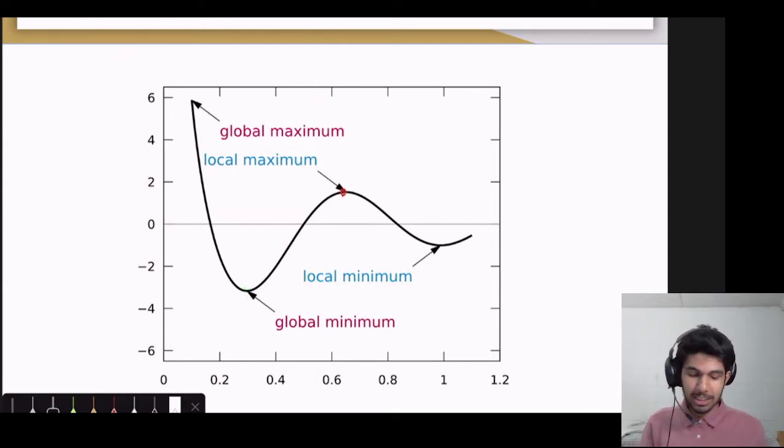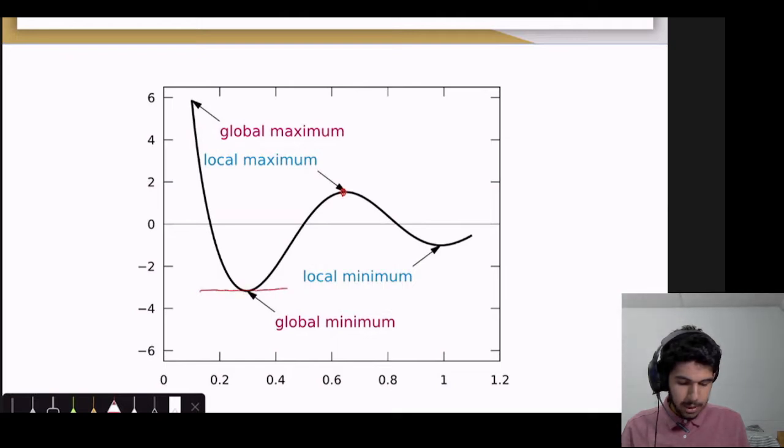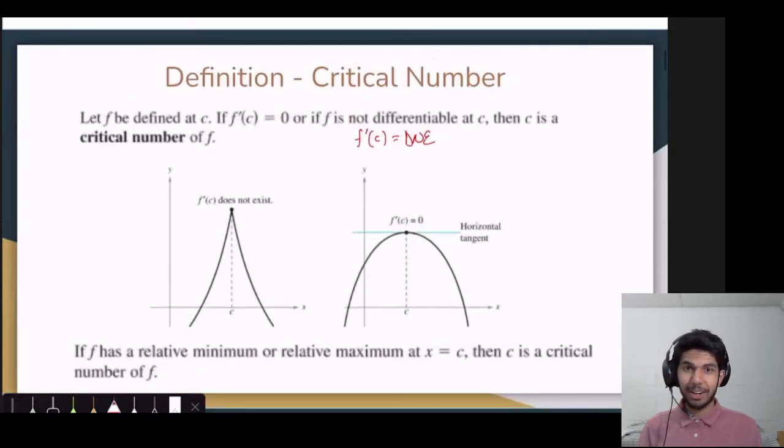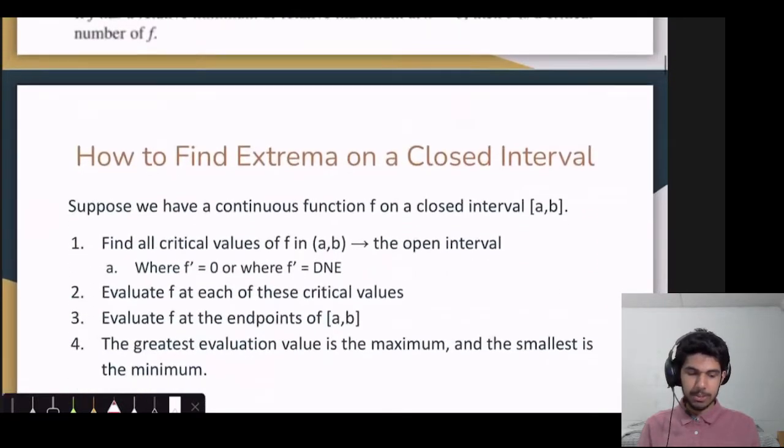And by definition, that tells us that the first derivative at this point is either 0 or does not exist. And if we take a look at the tangent line here, it is horizontal, which means the derivative evaluated there is 0 because the slope of that line is 0. I think that's really cool. We know what the first derivative evaluated at a maximum or minimum is. So very helpful definition.